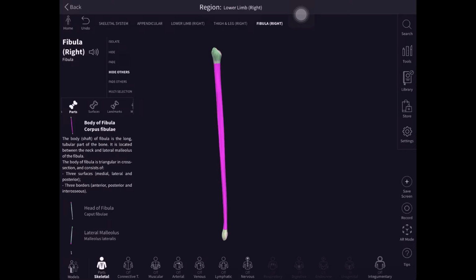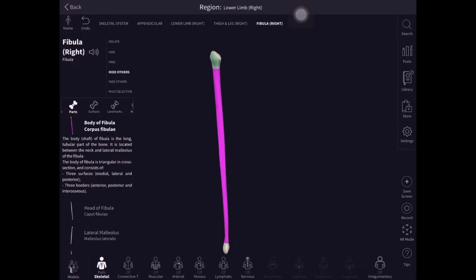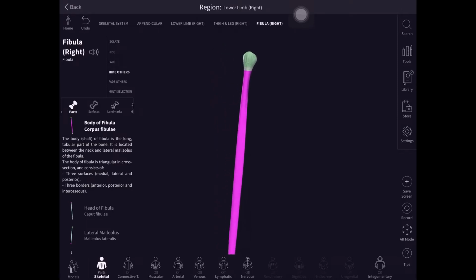Now coming back to the upper end, we said it bears a facet. You see on this side it is bearing a facet on the medial aspect. So that round circular facet is for your superior tibio-fibular joint. And then in addition to this, I told you that you have a styloid process, this upward projection that you are noticing.